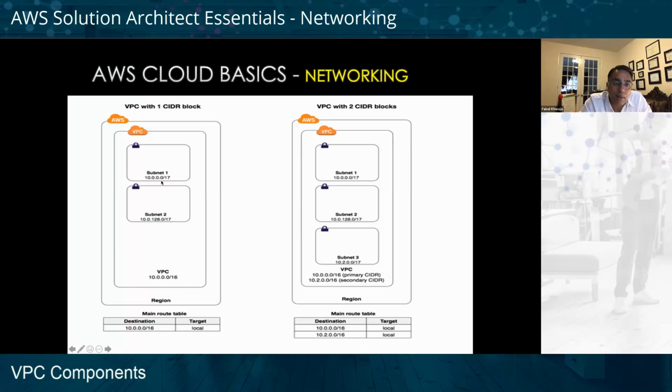So in this example, it's saying I'm going to start with 10.0.0.0/17. Again, you take 32 minus 17, and whatever that number is, you take 2 to the power of that number, and that is the IP address range for subnet 1. The range for subnet 2 would start at 10.0.128.0/17, but note that it is starting from 128, right?